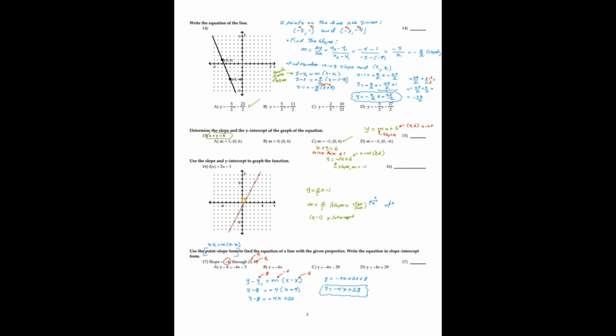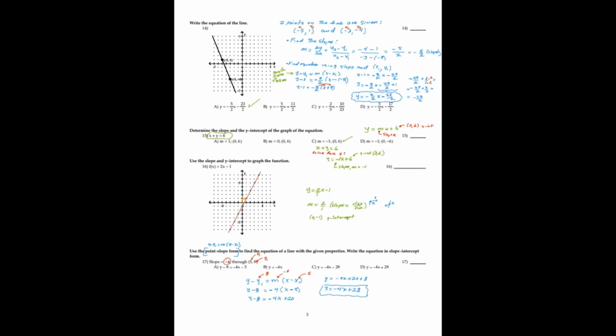So number 16 was this one, right? Passing through negative 1, passing through all these points. It's this one, right? What? This? Yes.